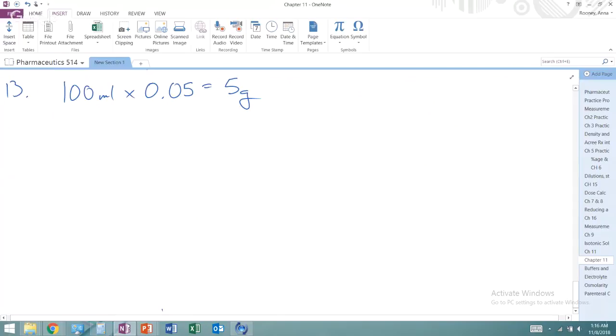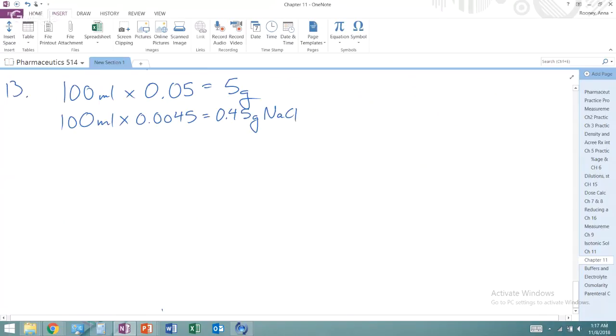So you find that there's 5 grams of dextrose in your solution, and then you want to find the amount of sodium chloride, which is 0.0045, which is equal to 0.45 grams sodium chloride.